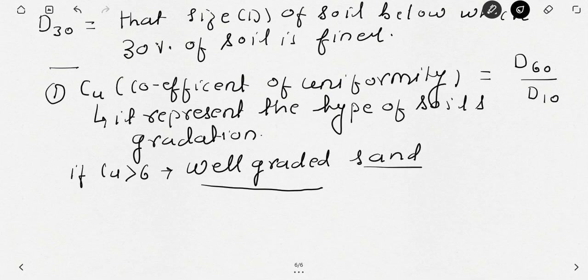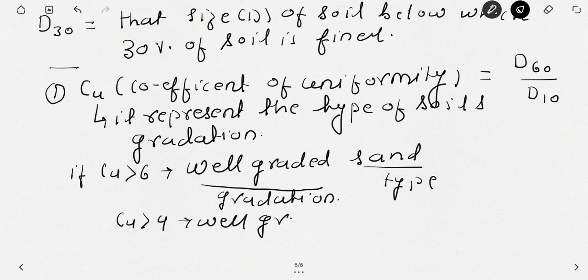And what does it represent? Type. It represents gradation. Okay, so both are included in Cu. Now the other value is, if Cu is greater than 4, then it is said to be well graded gravel.